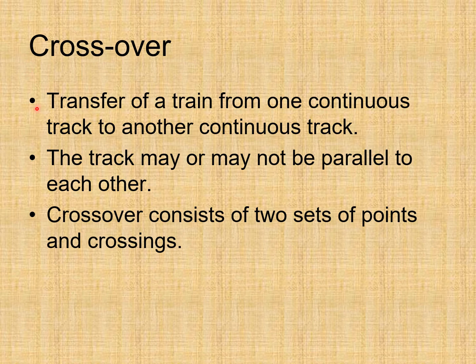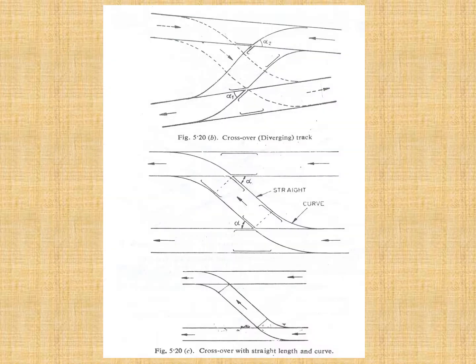Crossover. Transfer of a train from one continuous track to another continuous track. The tracks may or may not be parallel to each other. Crossover consists of two sets of points and crossings. So here you can see one track is this one, the other is this one, and you are having this link.